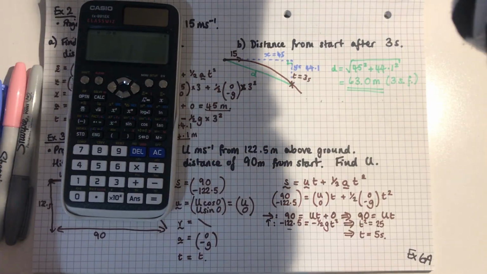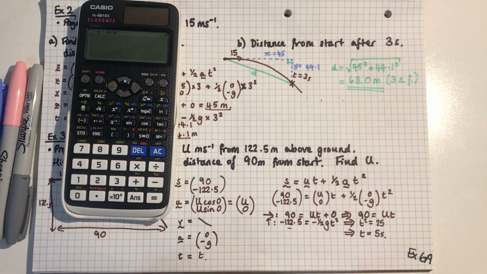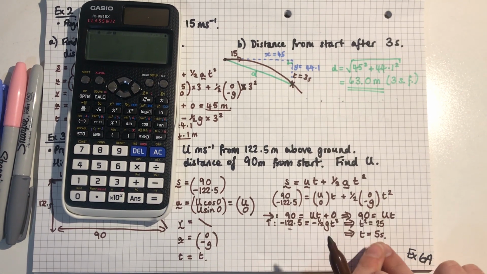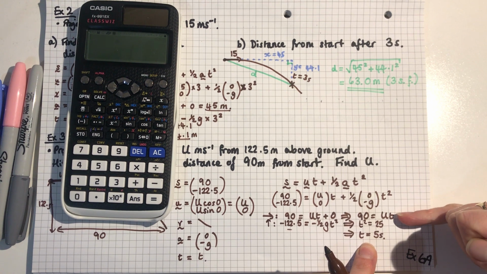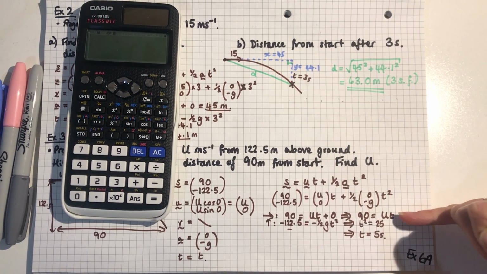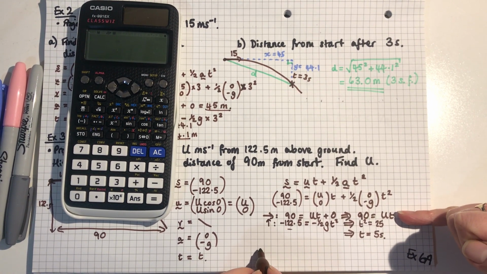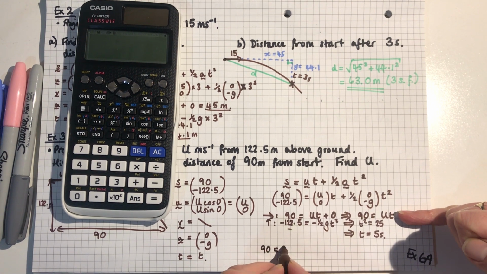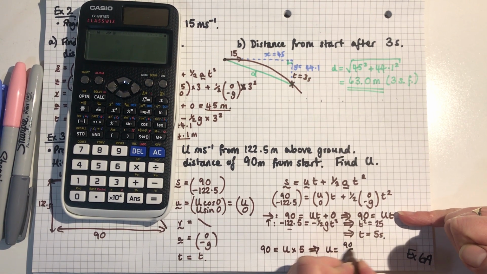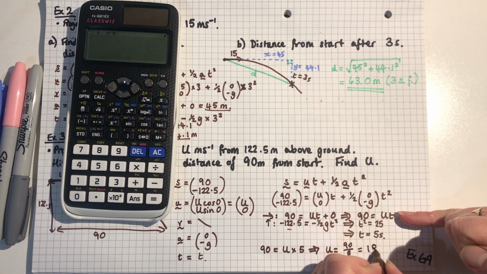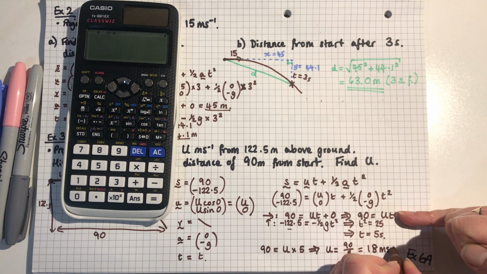Then we've got the value of t is 5, and we're now going to plug that into the other equation, the horizontal one, to work out the value of u. So 90 equals u times 5, which means that u would be 90 over 5, which is of course 18 metres per second. And that was what we had to find.